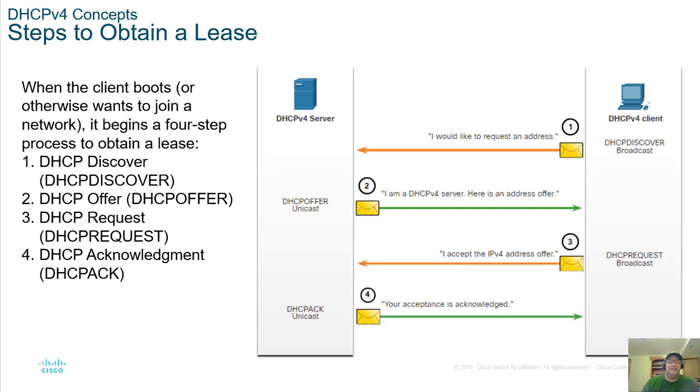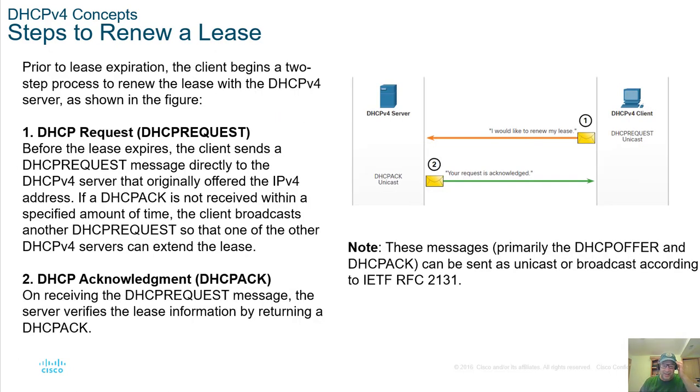The lease is an interesting piece to this. And the way the leasing works is if we say maybe an IP address is leased for an hour, that means that the client at half of the lease will then reach out to the DHCP server and say, what would be great is if we could just renew this lease for the same amount of time that I received it for the first time.